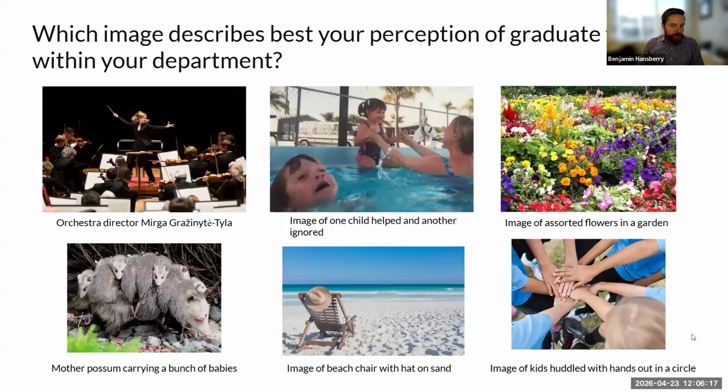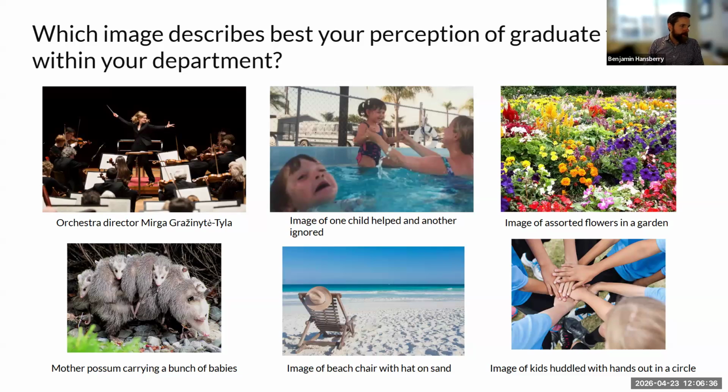So I'd like to start with a little bit of an interactive slide. If you can use the annotation tools on the share screen to just drop a shape on which image you think best describes your perception of teaching, graduate teaching in your department.